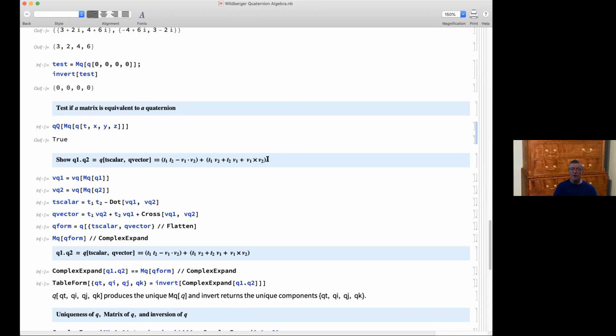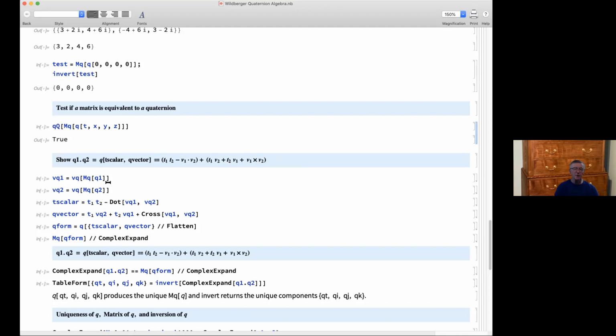They actually won the order of the day, even though Hamilton had an ally by the name of Maxwell, who cited that he liked quaternions and using them with Maxwell's equations. But everybody decided to pick up on dot products and cross products, and so that's why it's taught today in our vector analysis. Anyway, can we show with what we've done that Q1 times Q2 gives us this equivalent result?